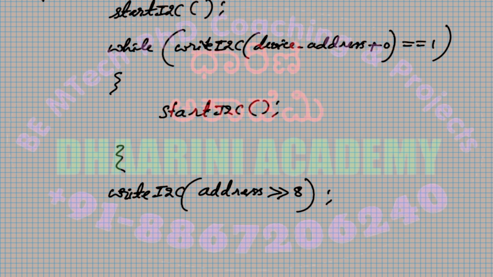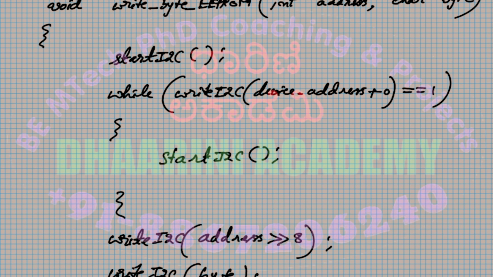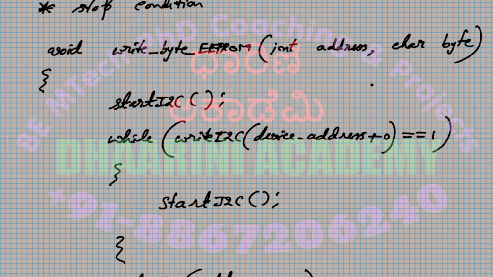Now the address is sent. When the address is sent, what do you want to send next? Send the data, so once again write I2C. The data is stored in the form of a byte, named byte, over here. So I send the address, followed by the data.